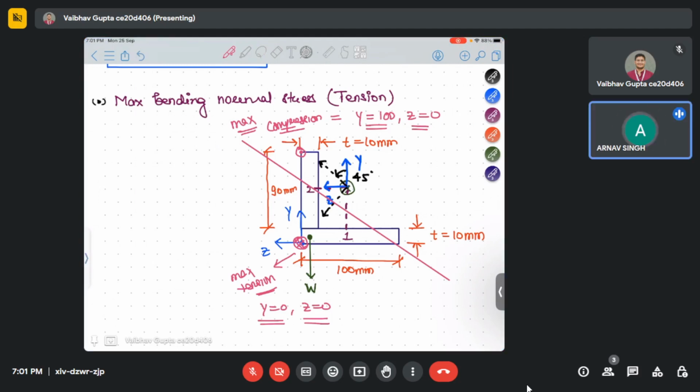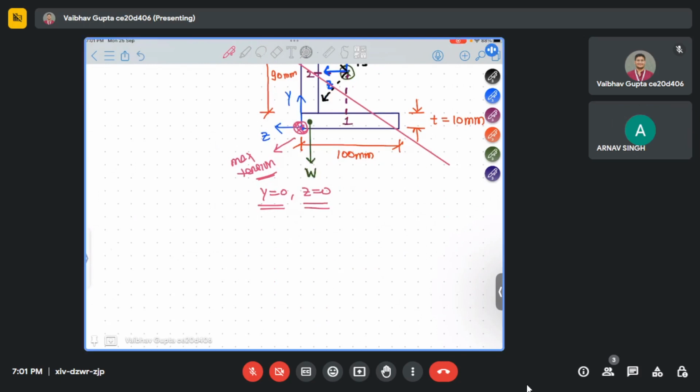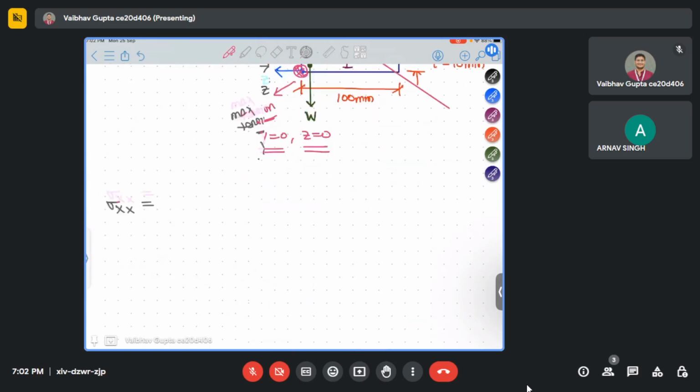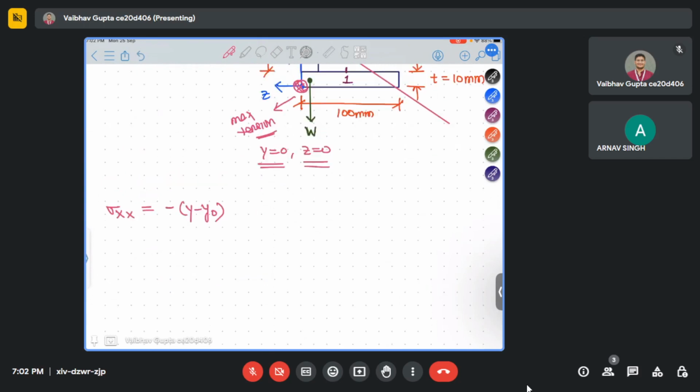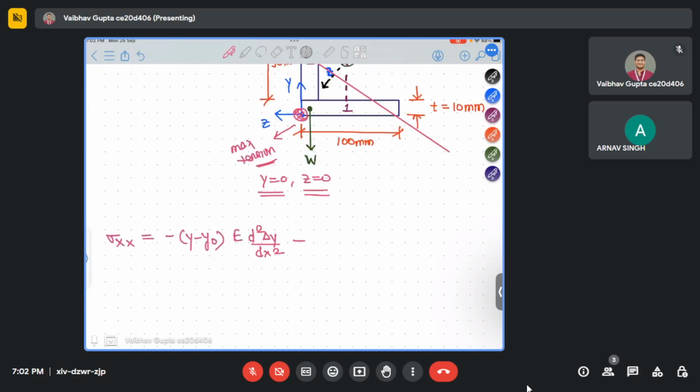So what is the formula for sigma xx? I have written it in the first one only. I will write it again: minus (y minus y naught) E d2 del y by dx square plus (z minus z naught) d2 del z by del x square.